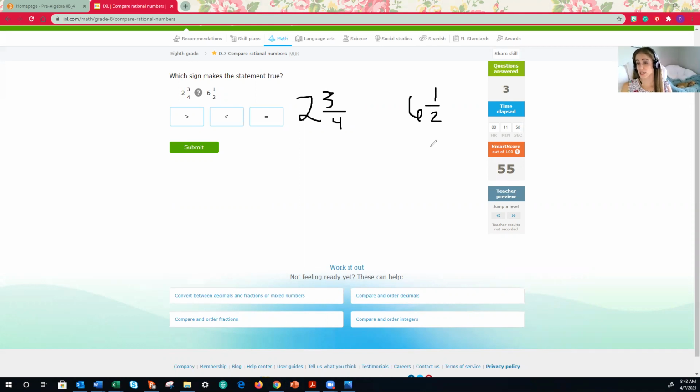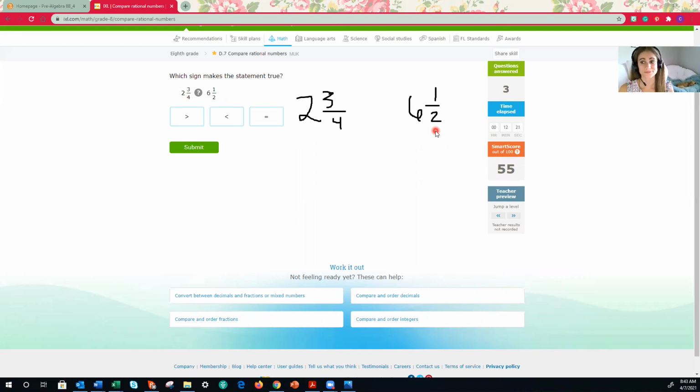Another way is you can keep them as mixed numbers. I always like to try and see if I can keep it as a mixed number first, because that's less work, okay? All right, if we look at the fraction part of our mixed number, we have 3/4 and 1/2. What would be the least common denominator?